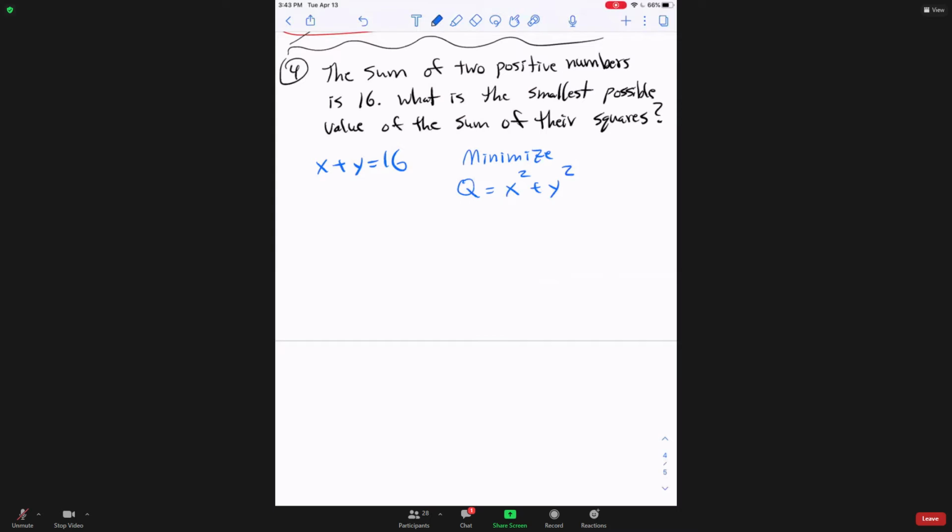What you do is you use your secondary equation right here to write your primary in terms of one variable. So I'll solve for y this time. y equals 16 minus x. Take the 16 minus x and substitute it into y there. And that you're trying to minimize.